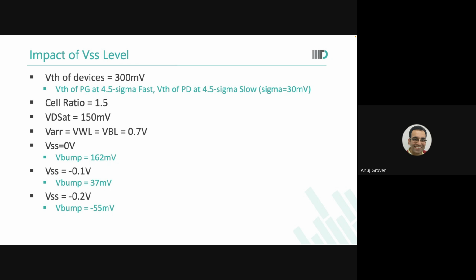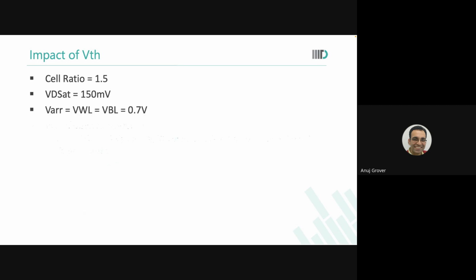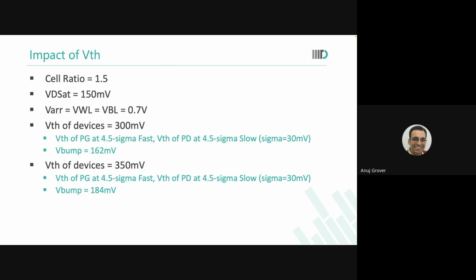Okay. Now, what is the impact of threshold voltage? So we have chosen two different threshold voltages. One is with, let us say, a standard VT, and the other one is with a high VT. And you see that with high VT, the stability goes a little worse. The bump goes a little higher.